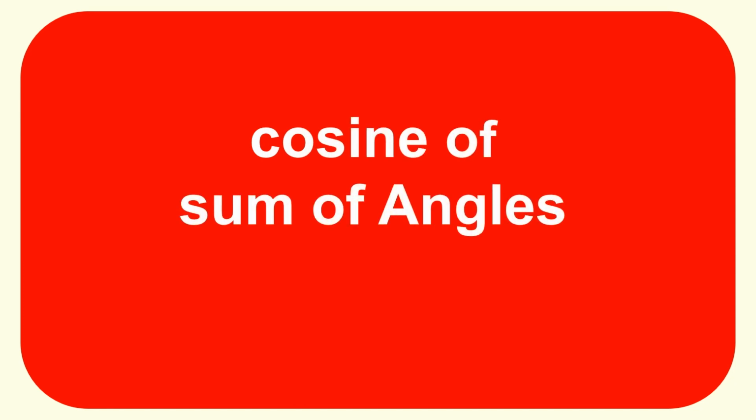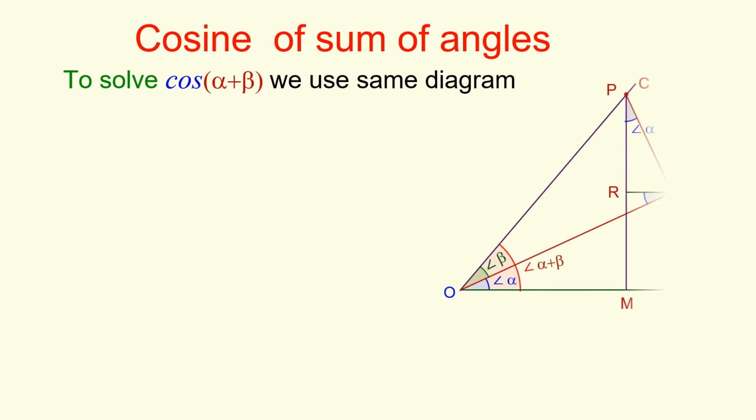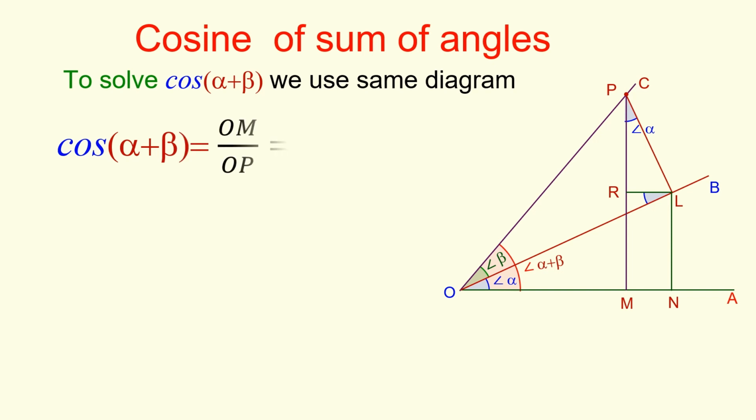Cosine of sum of angles. To solve cos alpha plus beta, we use the same diagram. Cos alpha plus beta is equal to OM divided by OP, is equal to ON minus MN divided by OP.